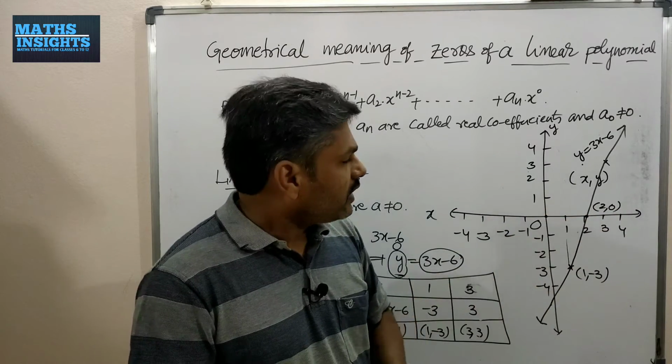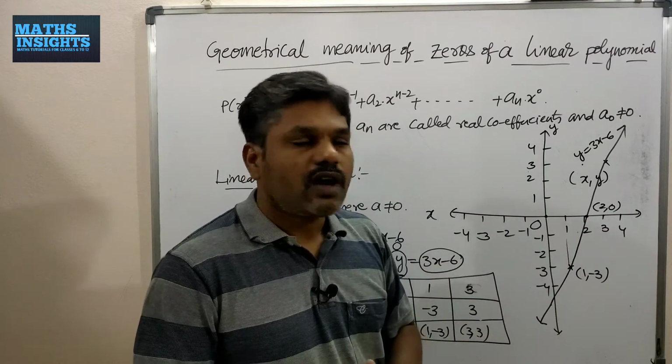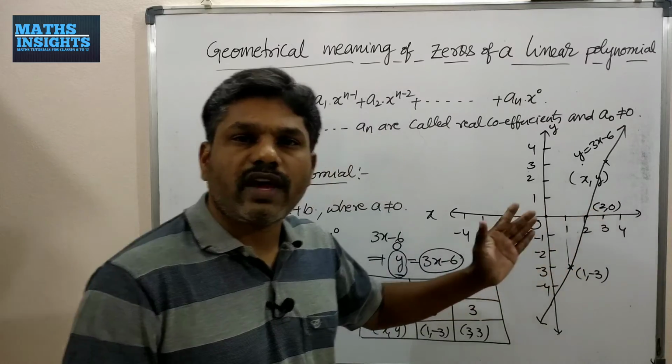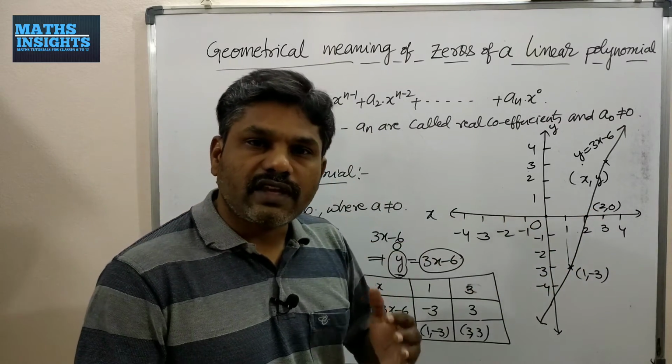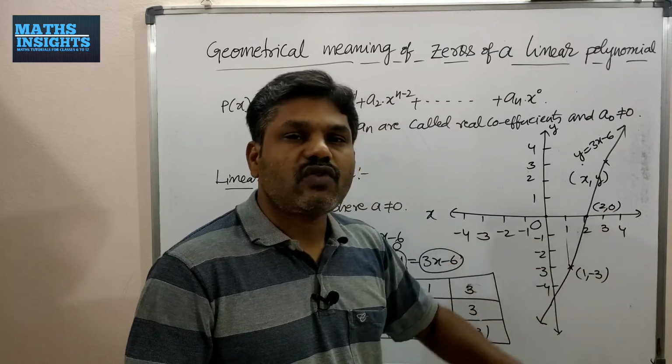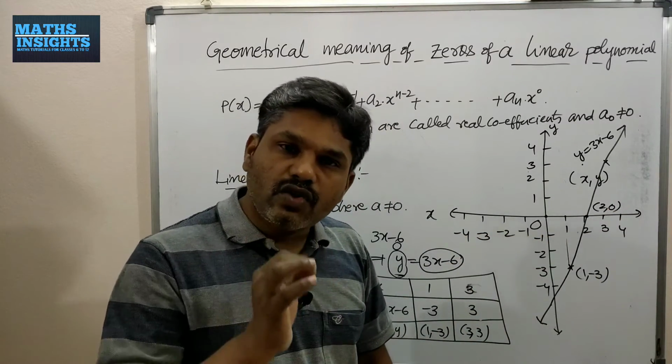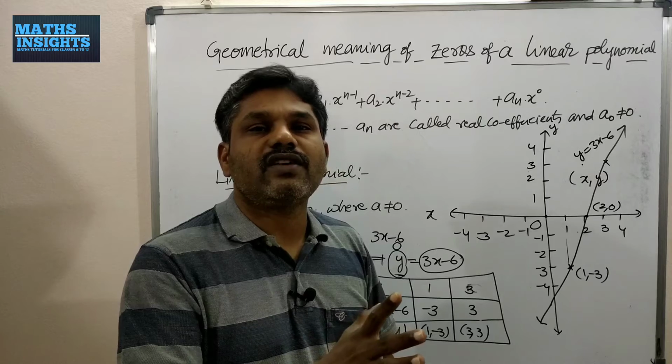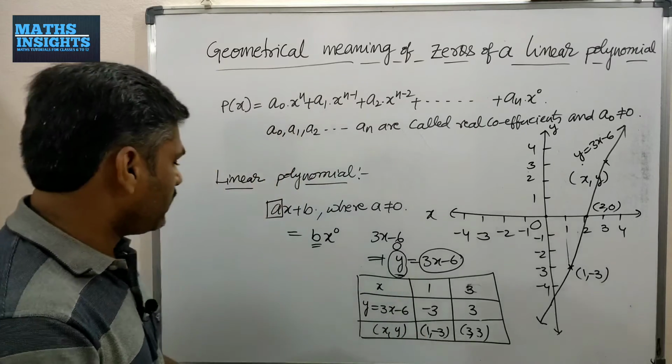That's why it is called 2, 0. After finding the point where the line meets the x-axis, the y coordinate is 0 and the x coordinate is 2. That 2 is called the zero of the polynomial.